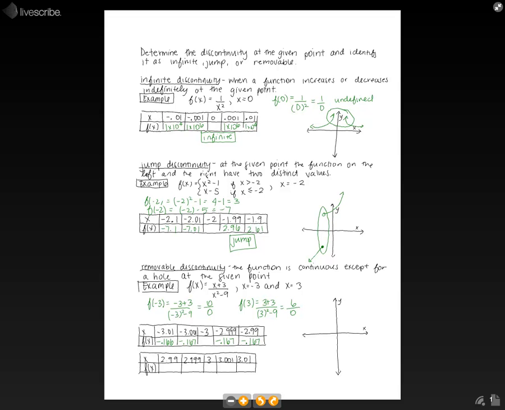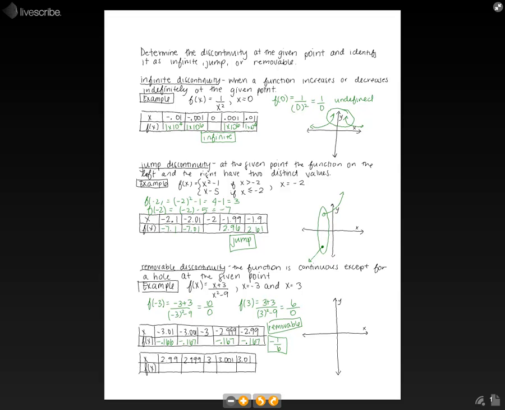So this is a removable discontinuity at negative 3, and we would see that for x equals negative 3 there will be a hole at negative 0.167, or negative 1/6 is the equivalent.